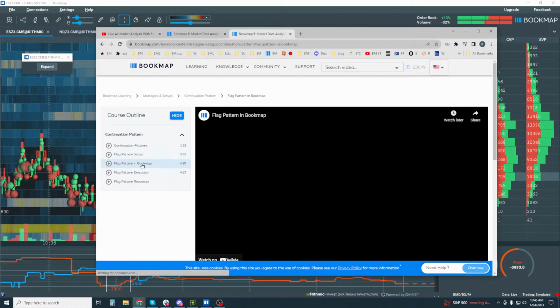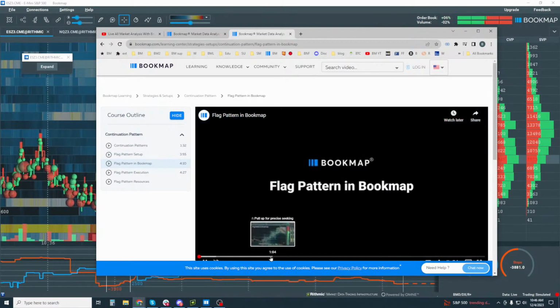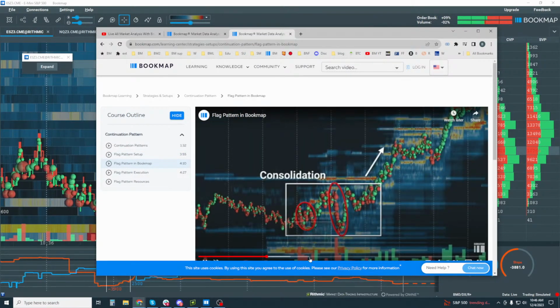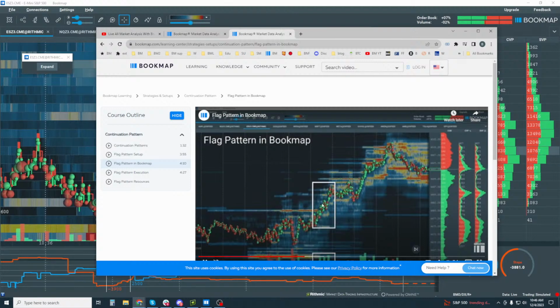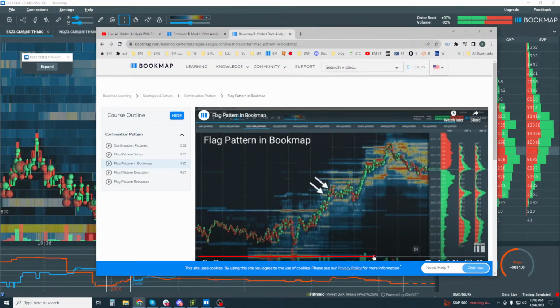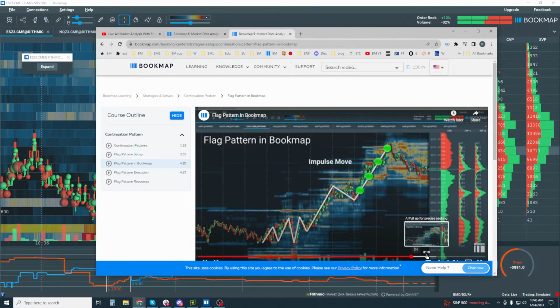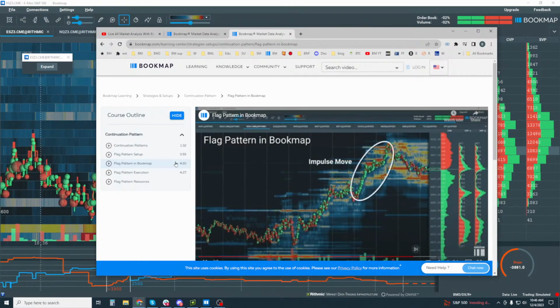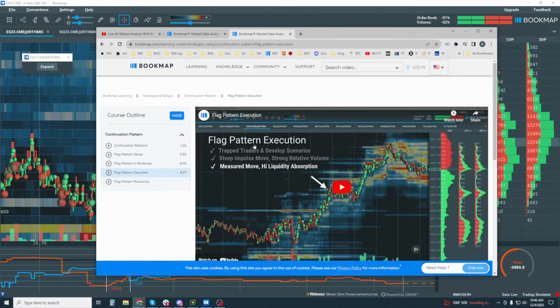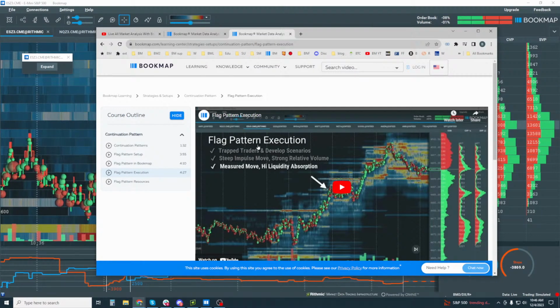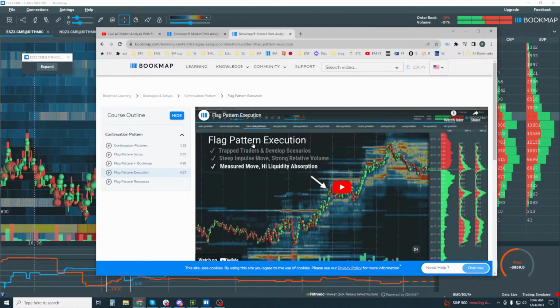The next video, we go through what that looks like in Bookmap: identifying trapped traders, identifying strong moves, and understanding the pullbacks on low volume, followed by a strong move. The third video in here is very important. This is execution. This is how to use and go through the checklist.